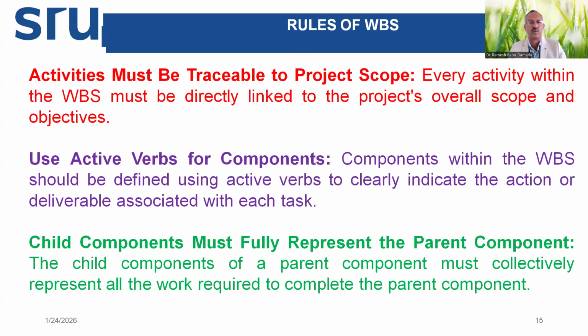So the first rule is activities must be traceable to the project scope. Means when we are making the activity list, we should see that these activities are connected to the scope only. There should be no activity which is not connected to the scope. Means we are trying to make within the boundaries. Every activity within WBS must be directly linked to the project's overall scope and objectives.